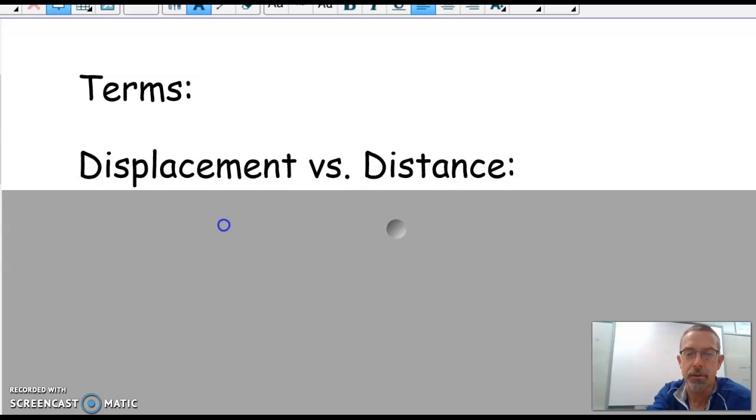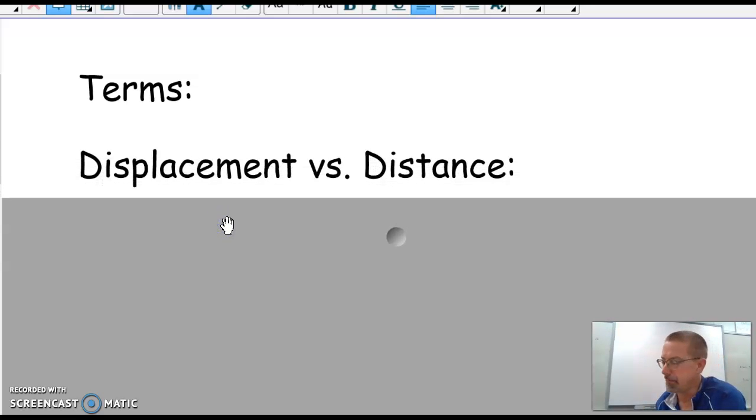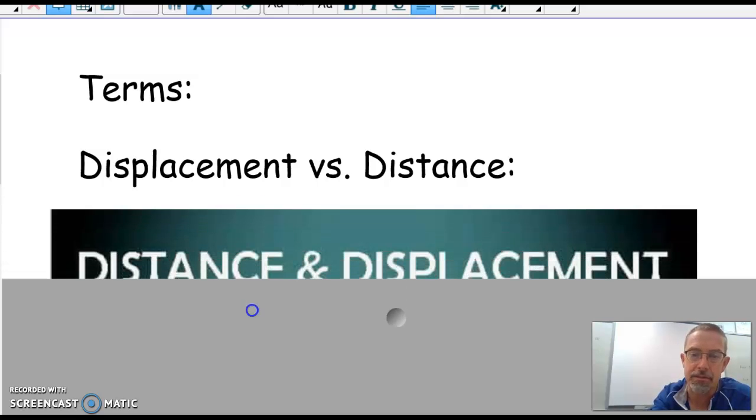A couple of terms we're going to look at. The first of these is these two terms, displacement versus distance. Oftentimes in your life you may have used the word distance. We're going to bring up a new term today called displacement, and they are not the same thing. They can be the same thing at times, but oftentimes not, as we're going to see. So let's define these terms.